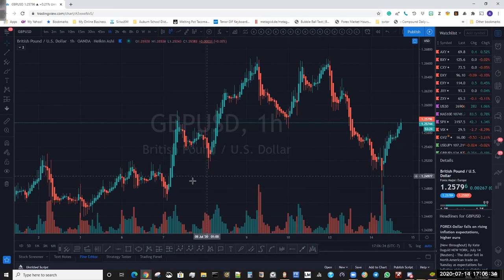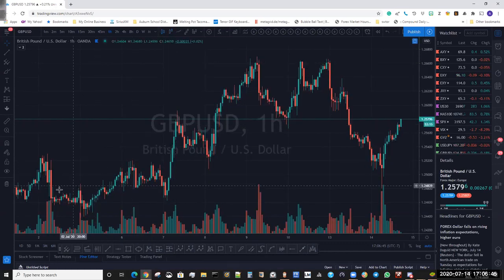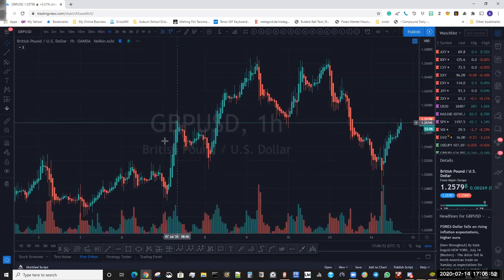Heikin-Ashi. Yes, Heikin-Ashi candles focus on the trend only. All you're seeing here is the trend that the market is going in. You're not seeing the noise along the trend, all this other stuff happening in between. Heikin-Ashi allows you to focus only on the direction of your trend.